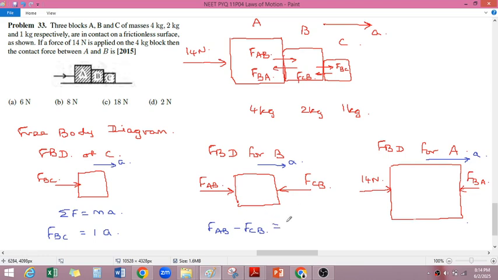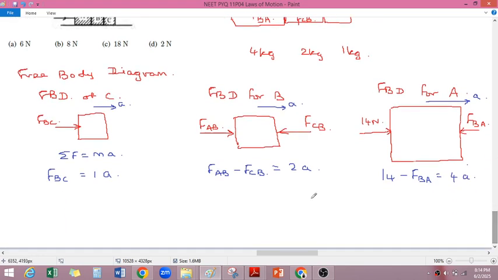Mass into acceleration. Mass is 2 kg into A. 14 minus FBA is equal to mass into acceleration, 4 kg into A. So A is the same.